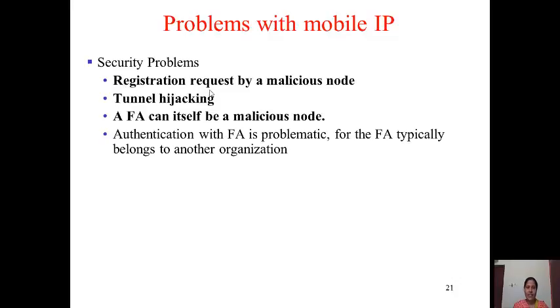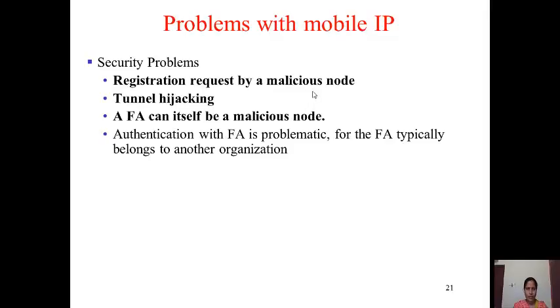And the registration request itself could come from a malicious node, which we may not be in a position to differentiate. That is again an issue with mobile IP. And if the authentication with the foreign agent is problematic, note that the foreign agent typically belongs to another organization. So that is the main highlight. These are certain security issues that mobile IP experiences.